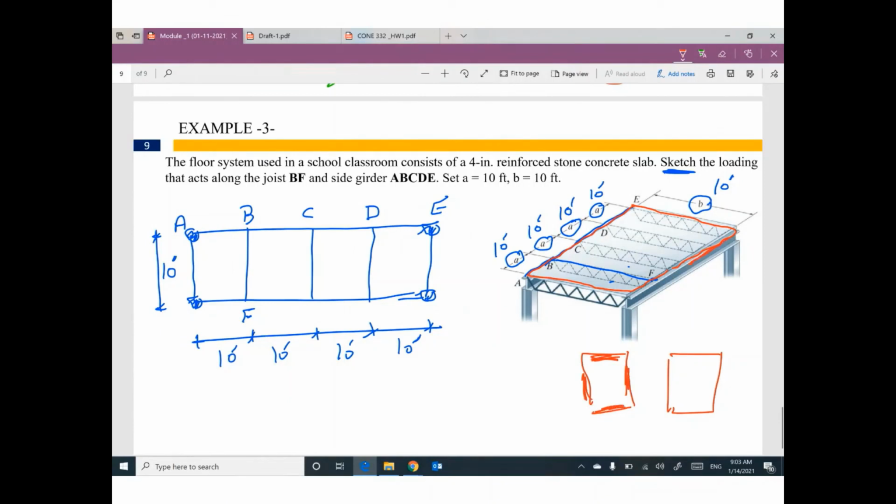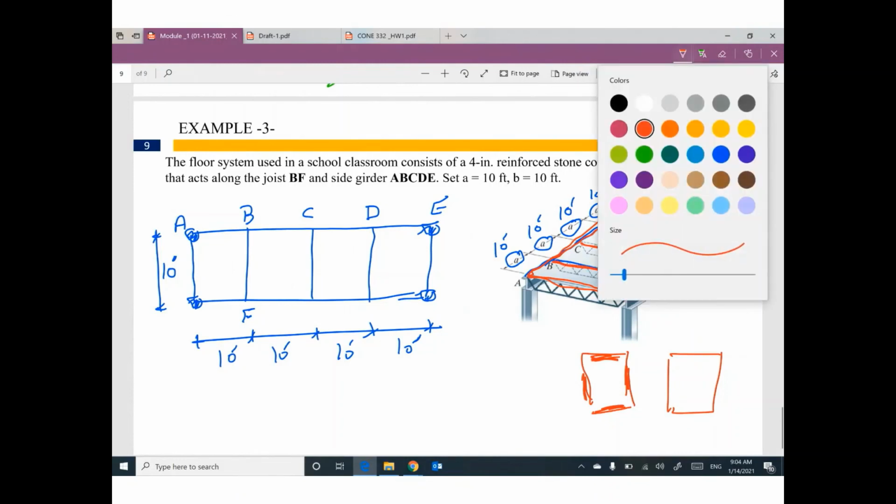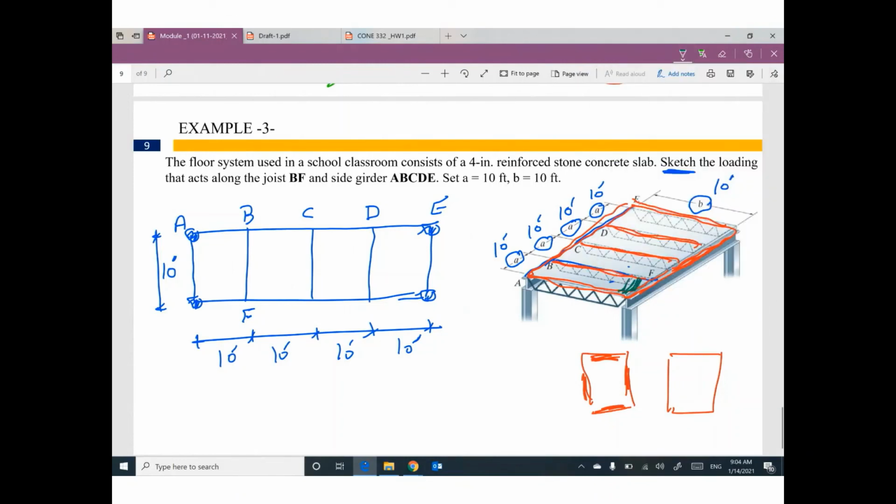I cannot say this by these 4 boundaries. No, we have one here, and we have another one here, and we have another one here. So your shape will be this area alone. Be careful about this point.